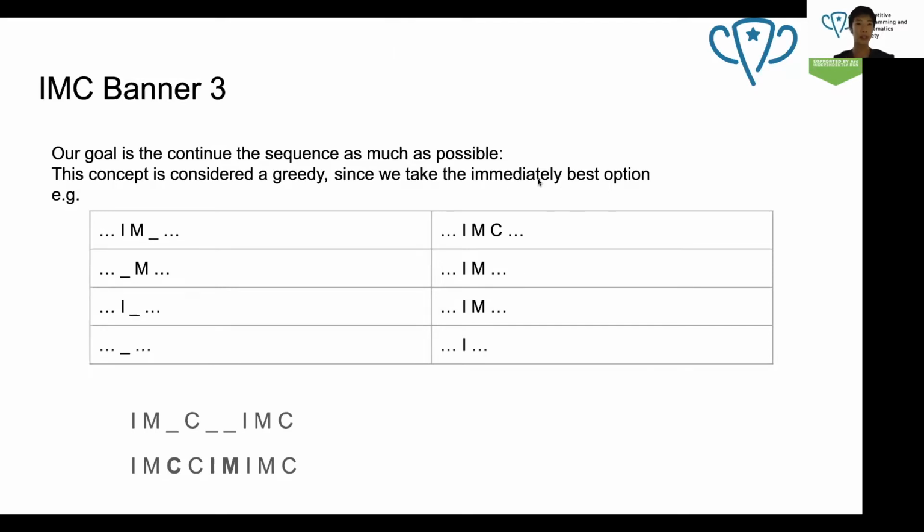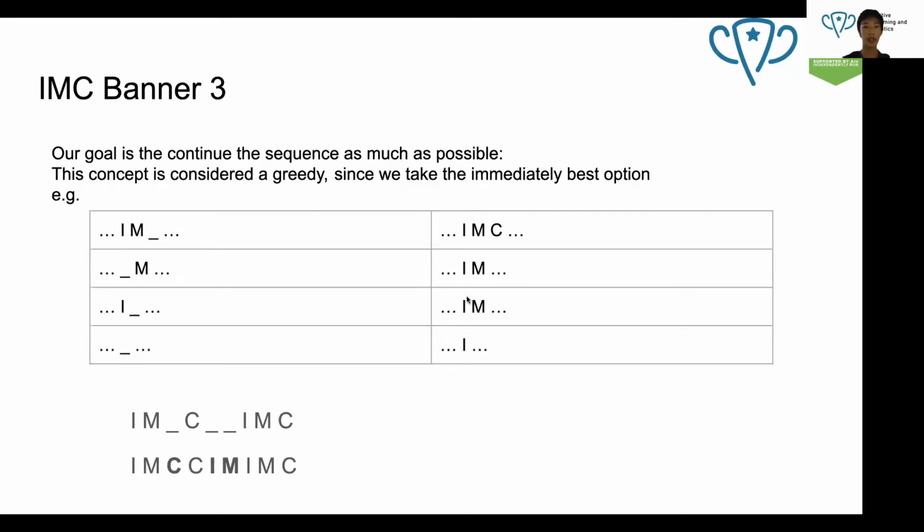I'll go over the example and hopefully it'll make more sense. For our sample case, we have an I and M and then a space. We can see from the templates that we want to use the first option and put in a C at that place. As we continue, we get to the second blank and you notice that you can't continue a string, so we should start a new string of IMC and put an I there.